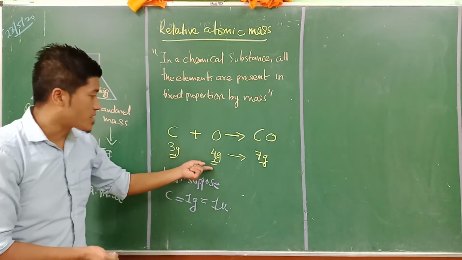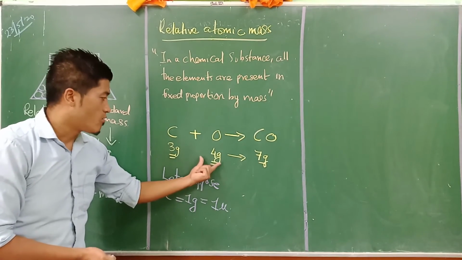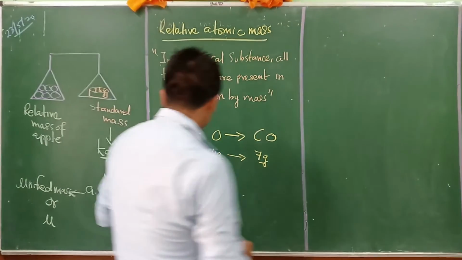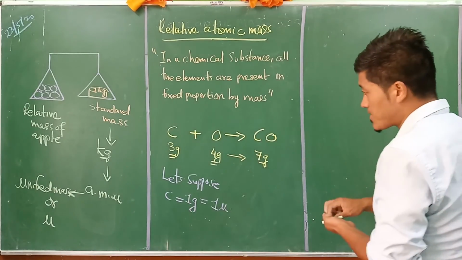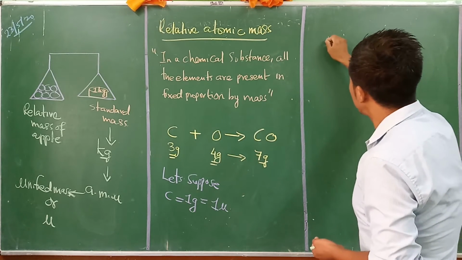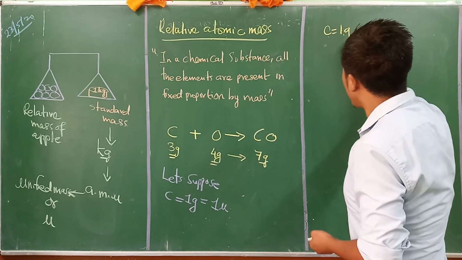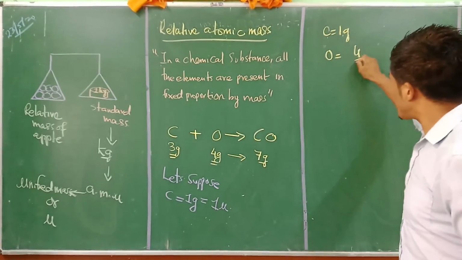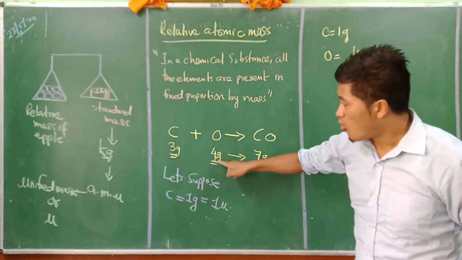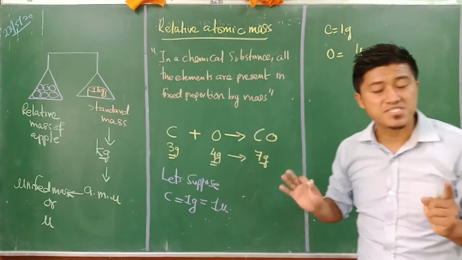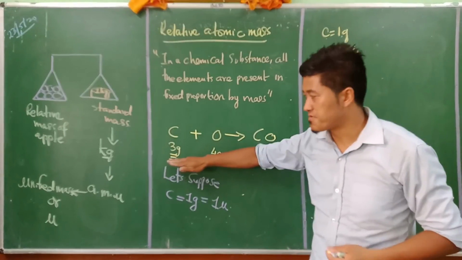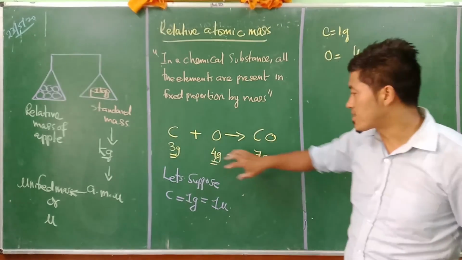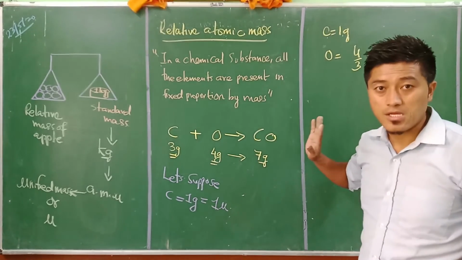Oxygen will not be 1 gram, because the oxygen amount is more, that is 4. So if carbon is 1 gram, then oxygen will be 4 divided by 3. Please don't get confused here. What I'm trying to tell you is that 3 gram of carbon will always react with 4 gram of oxygen to become 7 gram of carbon monoxide.